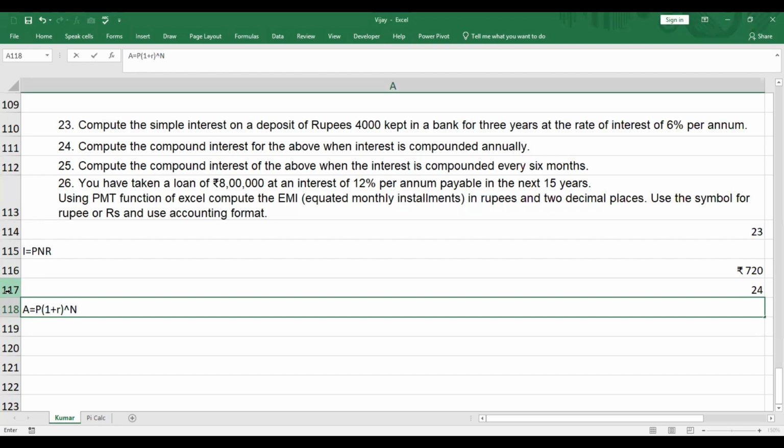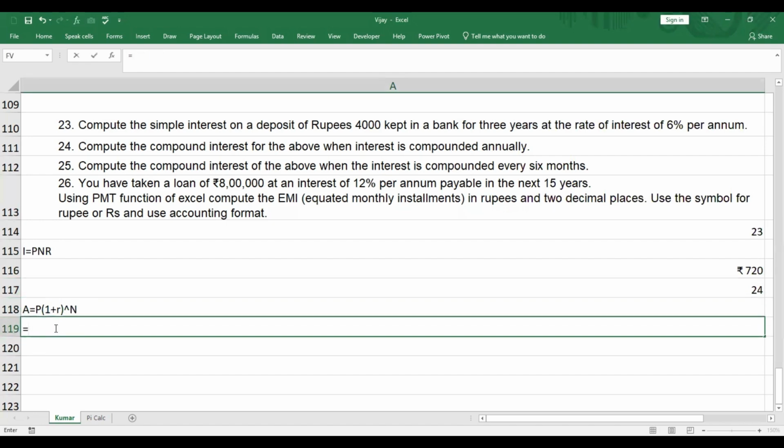In this case, the formula here is equal to P. Compound interest, the same principal. Principal is 4,000, star, 1 plus R, where R, the compound interest rate, is 6%, to the power of 3 years.